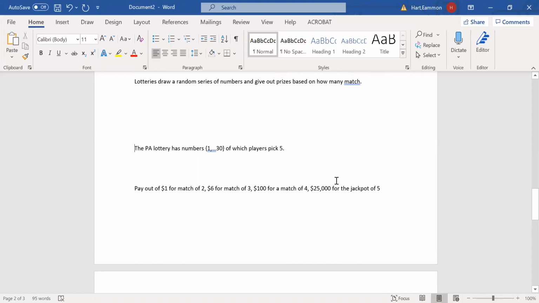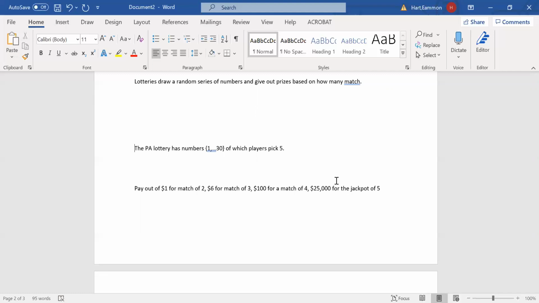Lotteries draw a random series of numbers and give out prizes based on how many match. The Pennsylvania lottery apparently has 1 through 30 as its possible numbers, any integer in that range, and you pick 5 of them. And if they match the randomly selected 5, congratulations, you win the jackpot.